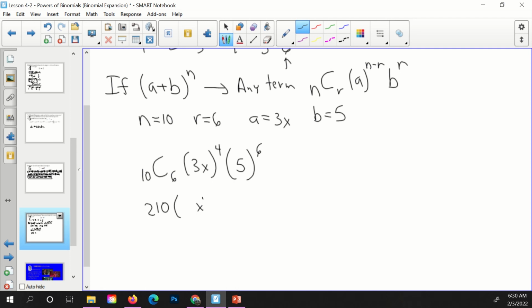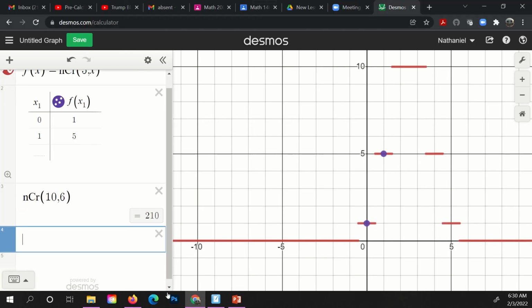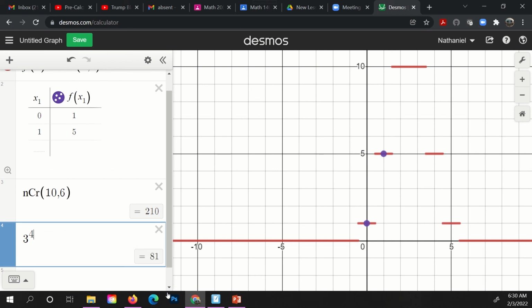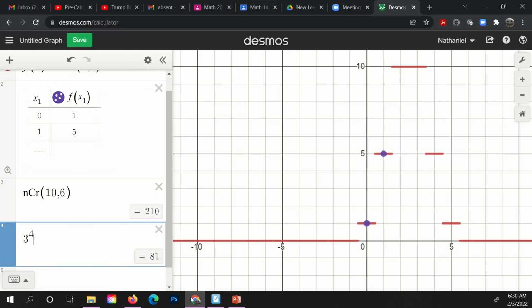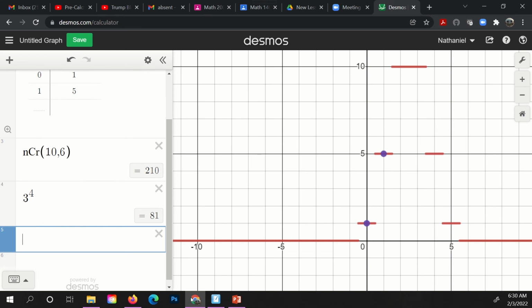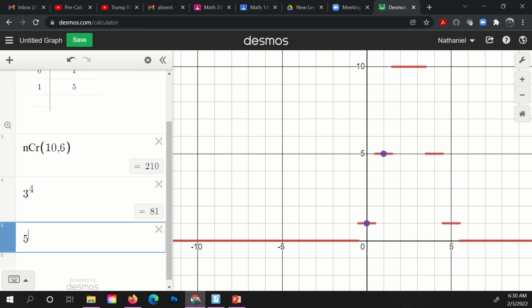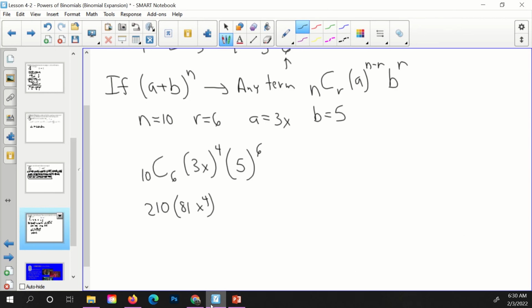I've got x to the 4th, but I got to take my 3 to the 4th, so let's do that. That's going to be 81. And then 5 to the 6th, that's going to be the big one. 5 raised to the 6th is 15,625.